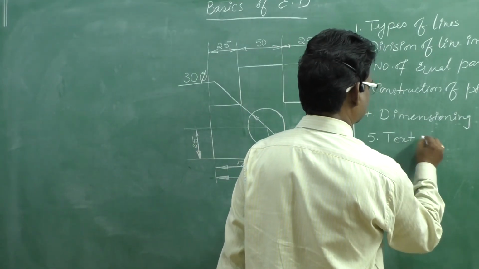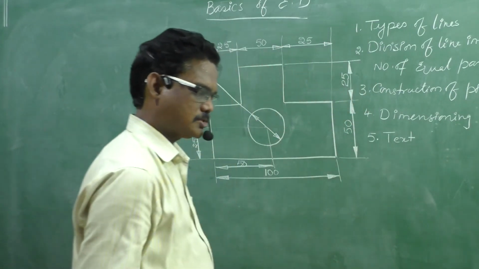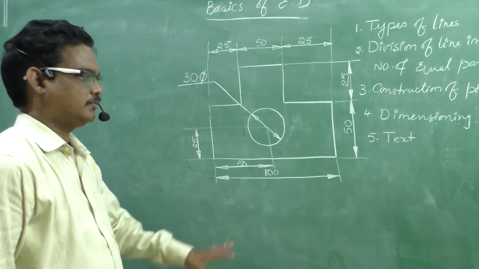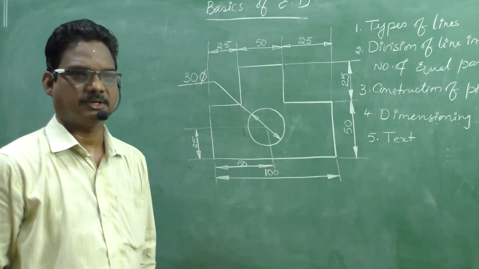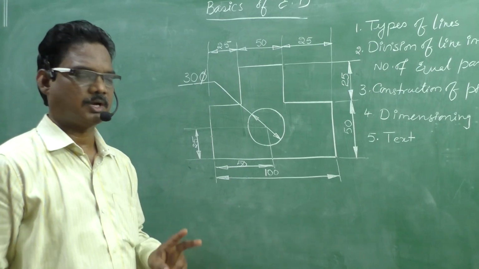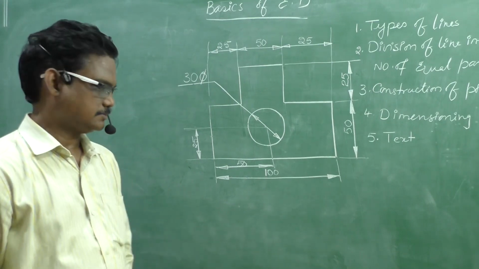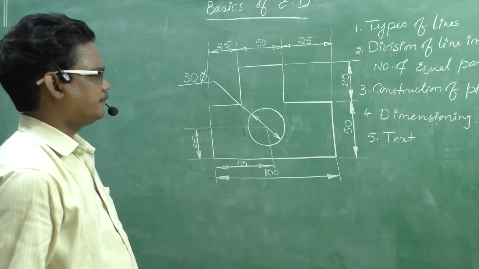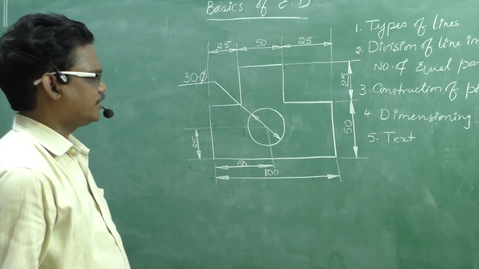Generally, for the text, also standards are there, but here I have not given much importance to the text, but only two things I want to convey. The first one is, suppose this is a square feet.